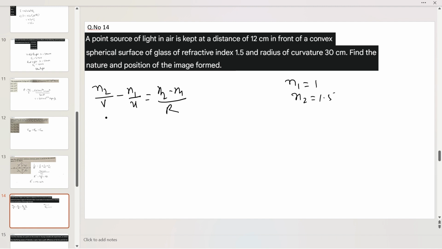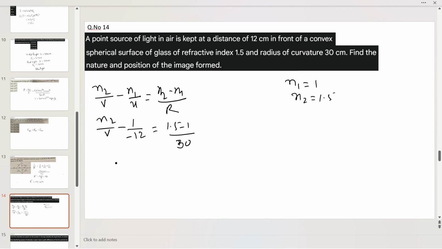So we have to find N2 by V. N1 is air, 1, and minus 1 by 12 because it is on the left side, and this is equal to 1.5 minus 1, divided by the radius of curvature, 30.